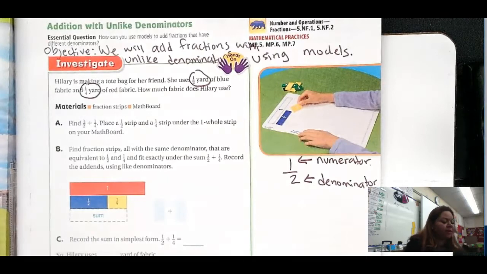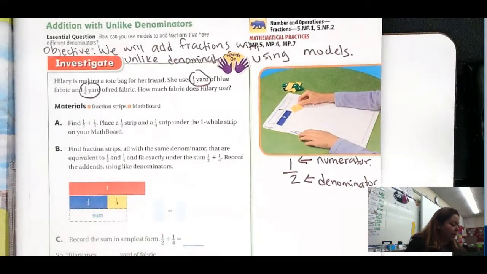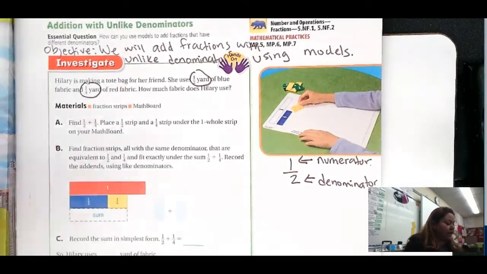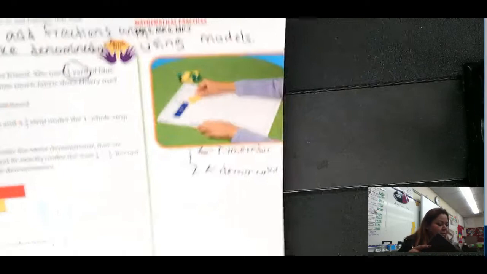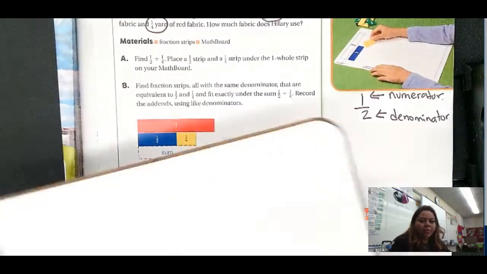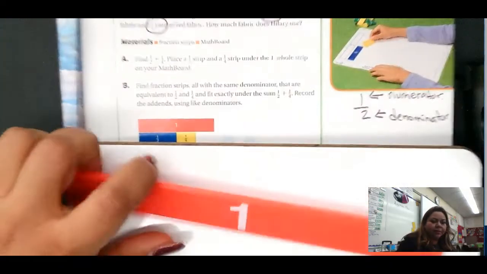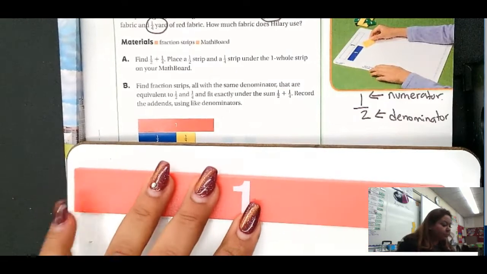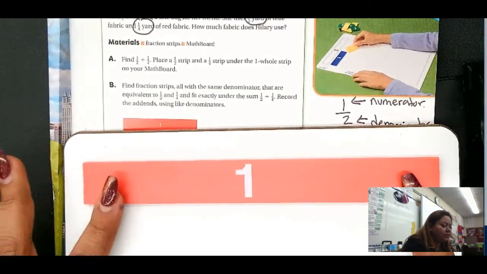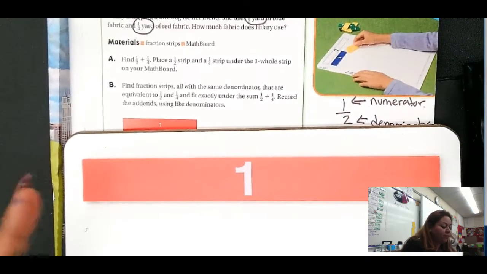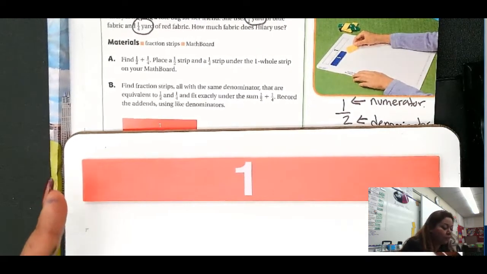Okay, so I want you to get a 1 like this. Okay, and I'm going to put it over here so you can see it. So I have a 1. I'm just going to leave this here just so that you can compare it. This represents 1 whole number.